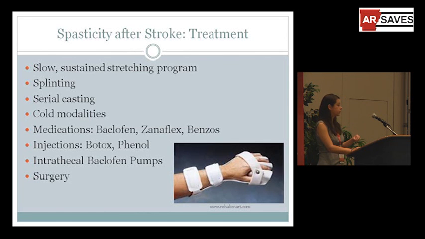And then in the long run, if this becomes a problem, botulinum toxin injections and phenol injections, or if it's bilateral lower extremity spasticity, intrathecal baclofen pump infusions are also helpful for spasticity management. And if needed, surgery to help improve or decrease contracture and improve limb positioning.